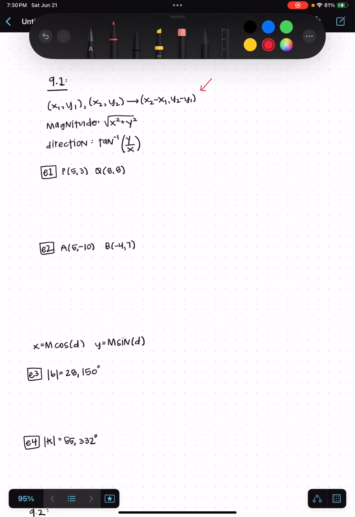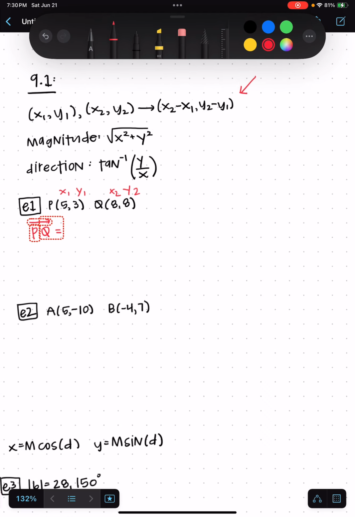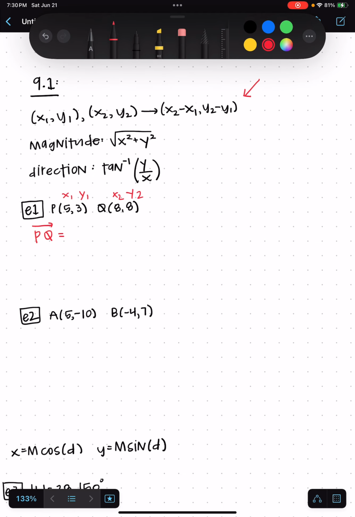So my vector we want to be PQ, and when we have a vector we write it with a little arrow on the top just so it shows that it's a vector. And we know that this is x1 and this is y1, this is x2 and this is y2. Sorry, I'm going to zoom in a little bit so that I don't have to write really tiny.